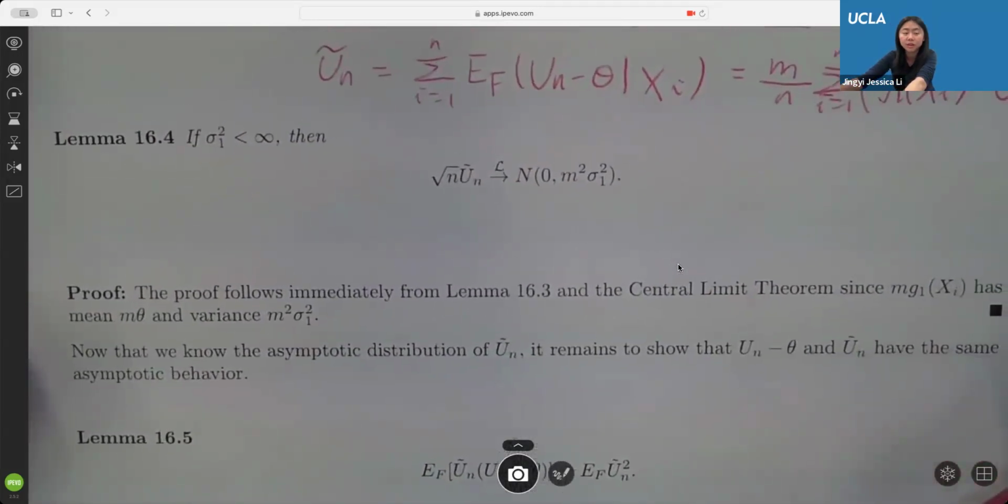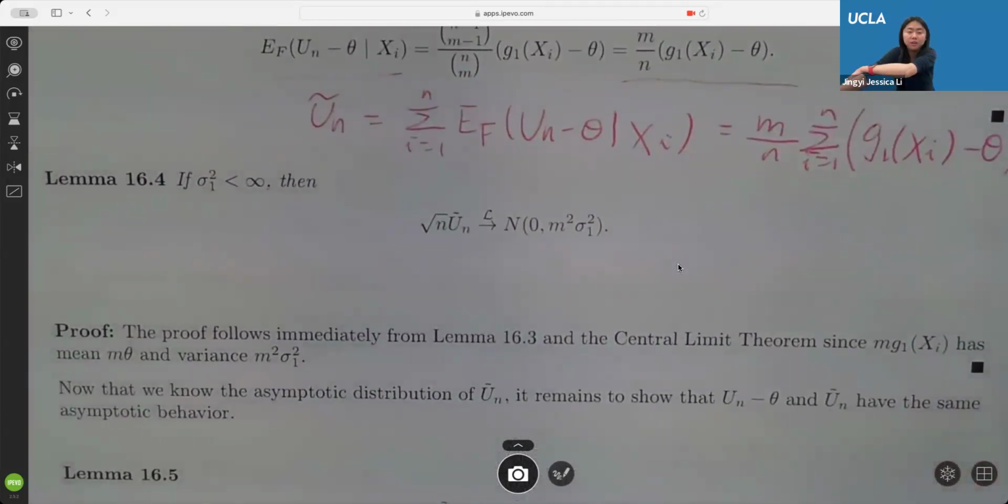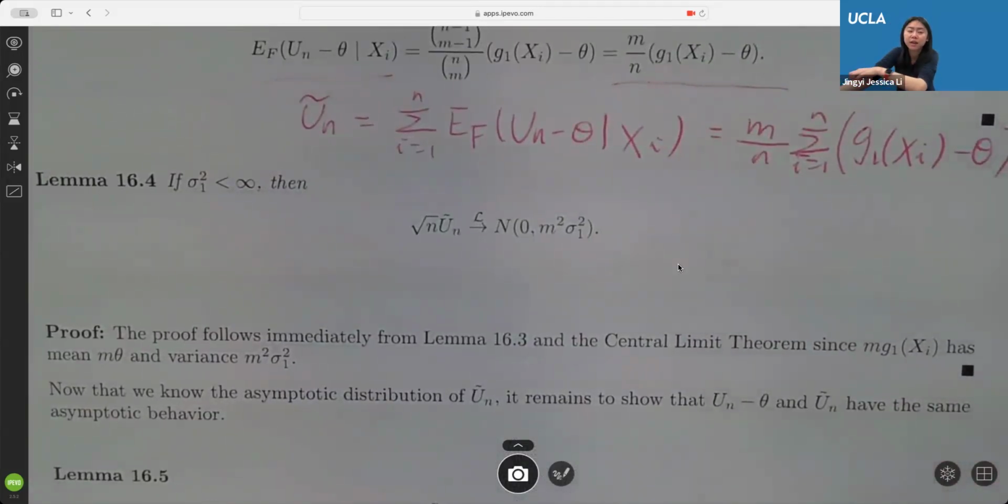This is the lemma. You can see that if sigma 1 squared, which is the variance of G1, is finite, then root n times U_n tilde converges in law to a normal distribution with mean 0 and the asymptotic variance we desire, m squared times sigma 1 squared.